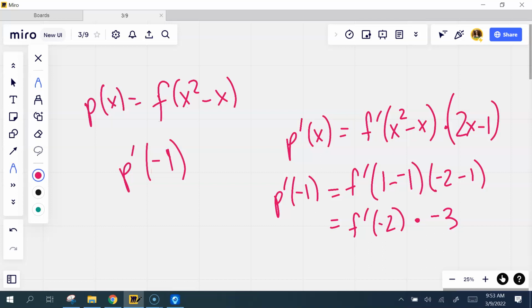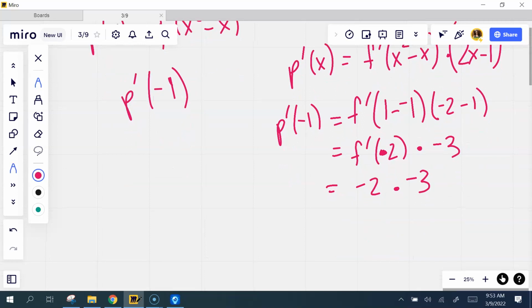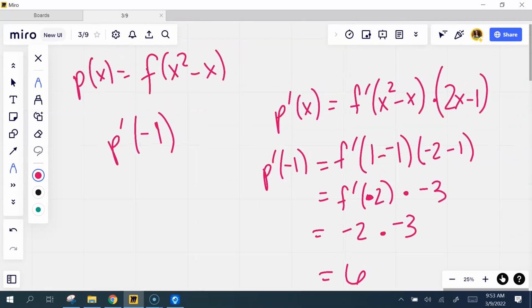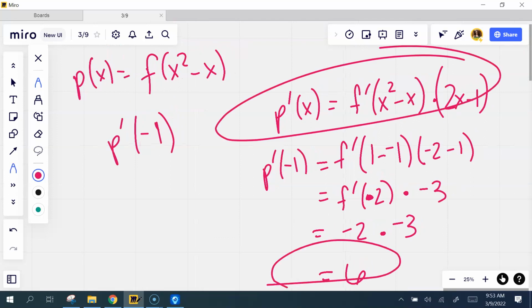Oh, yeah, sorry. So what's the slope of the tan line at 2? You've got the graph, it's -2. But you didn't chain rule it. You've got to multiply by -3. There you go. 2 points for this part, 1 point for that part.